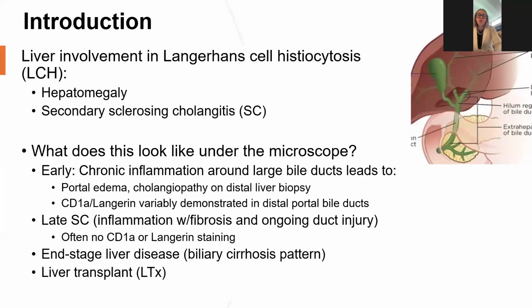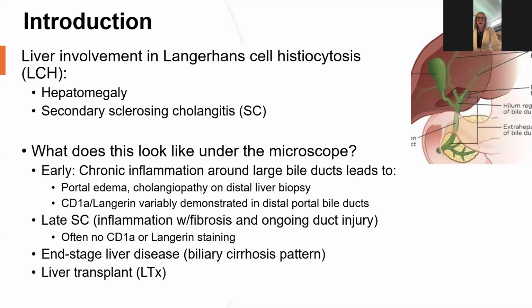So as we have learned and heard, liver involvement in Langerhans cell histiocytosis has about 2 different forms. We don't really know what the pathology in cases with just hepatomegaly looks like, but in those cases with what we know is the sclerosing cholangitis, we do know that under the microscope early on, there is more of a chronic inflammatory and early portal edema, not as much fibrosis at the very early onset, but it does have a cholangiopathy appearance.